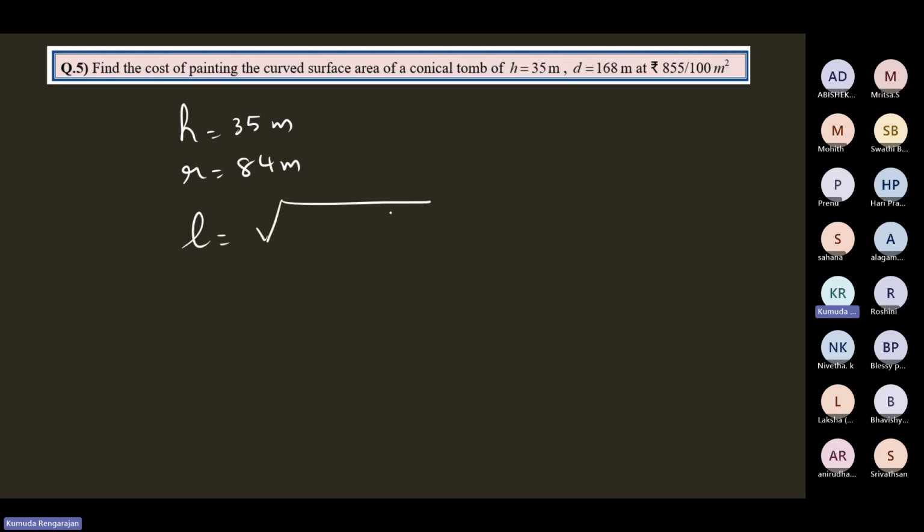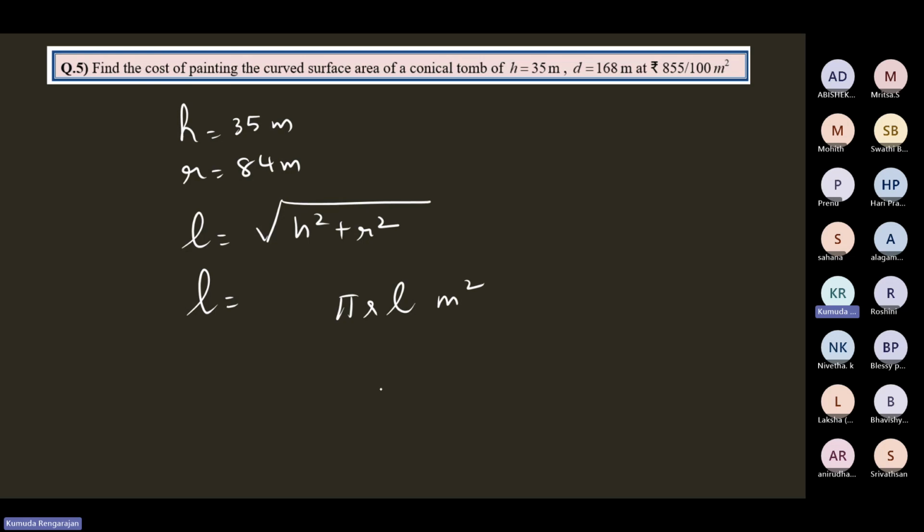Slant height is equal to square root of h square plus r square. So work this and find the value of L. Then find the curved surface area, pi r L. The area will be in meter square because height is in meter, radius is in meter.